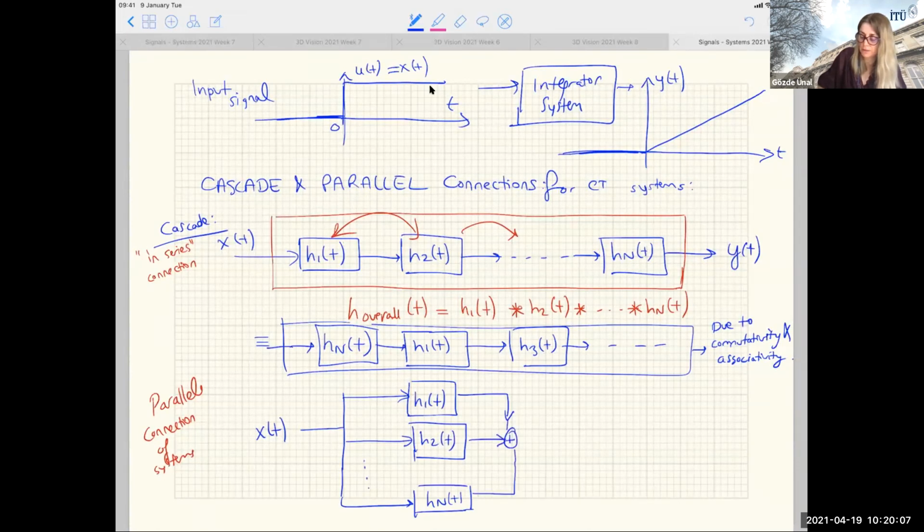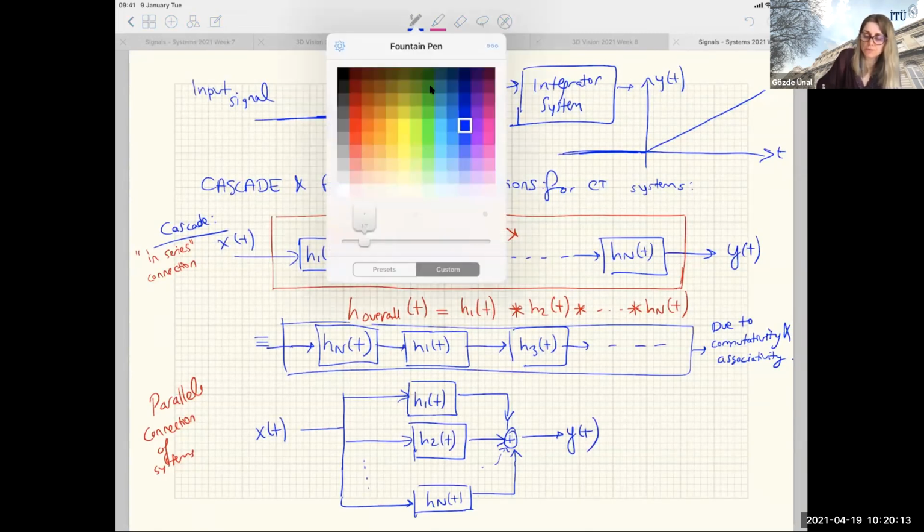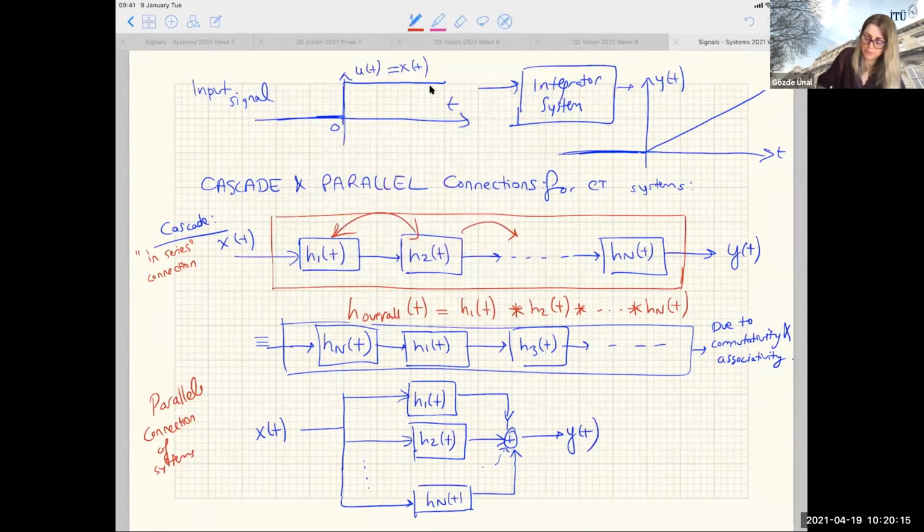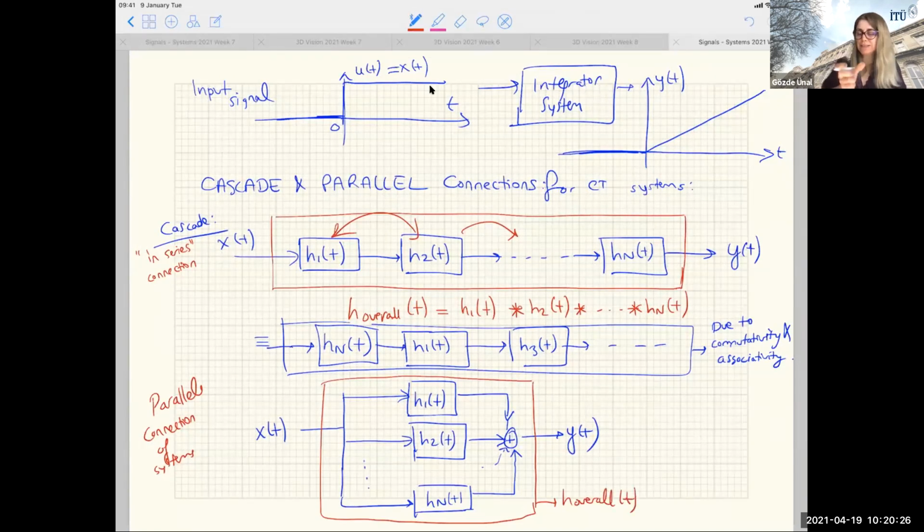The equivalent overall system or impulse response, H overall, would mean x of t goes in, and there is a single system which combines all the effects.